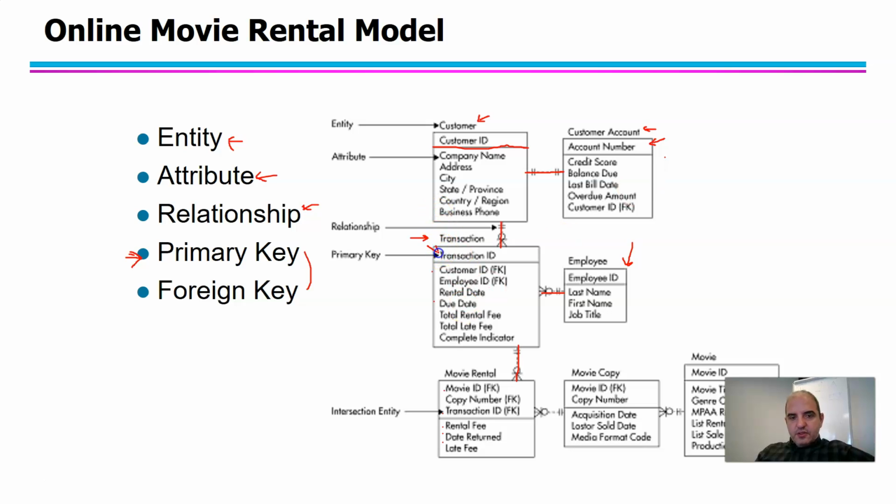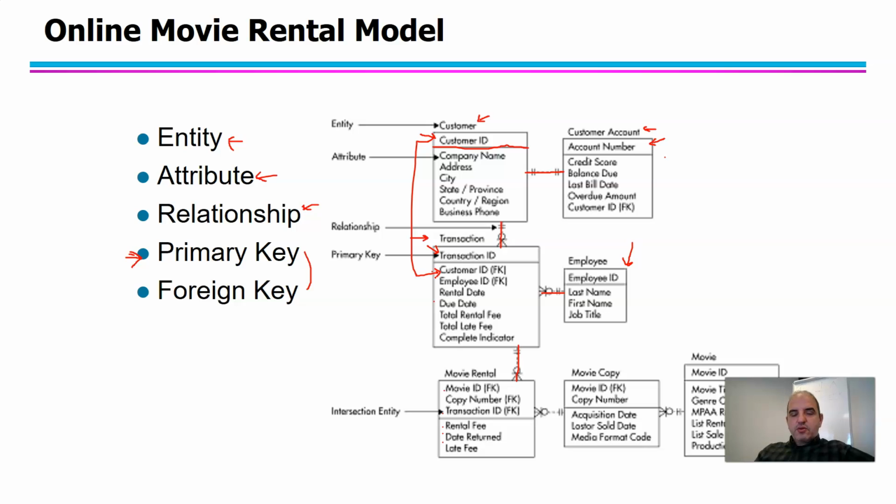Transaction over here is the primary key. And foreign key, I mentioned it before and I will repeat one more time. When you use a primary key in another table to join two tables, this is called a foreign key. For example, customer ID is a primary key over here, but it is also used over here just to bind these two tables.